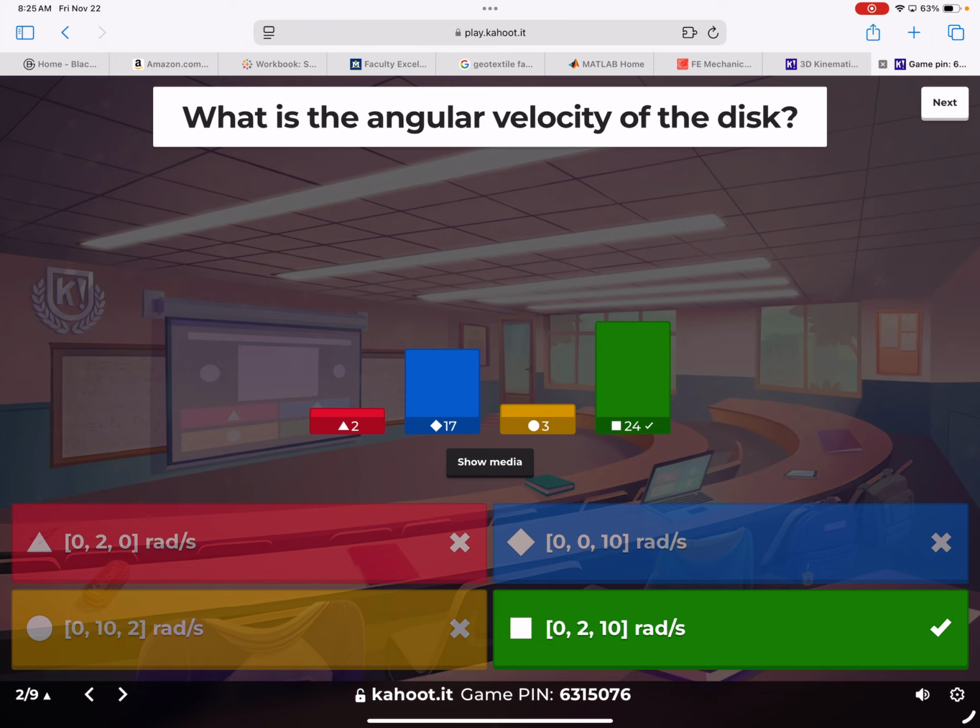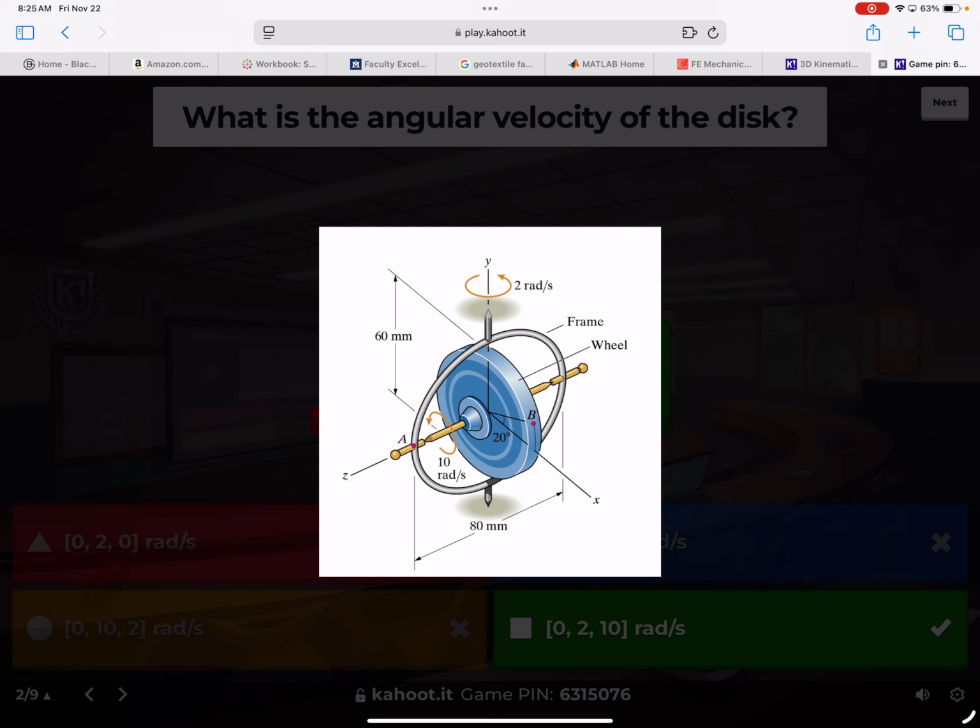So it was 10 around one axis and 2 around the other, and then you have to add the 2 together. Because it's the body, it rotates both things. Oh, actually, I could show it. So it's got the omega in the y direction, 2 in the y direction, and then it has 10 in the z direction. You just add the 2 together, right?